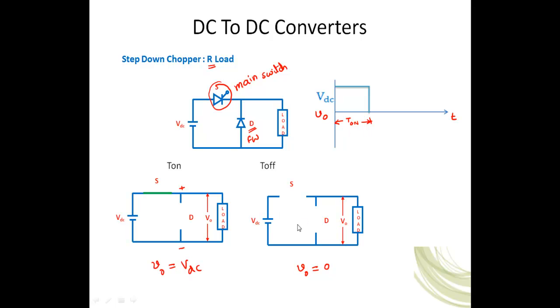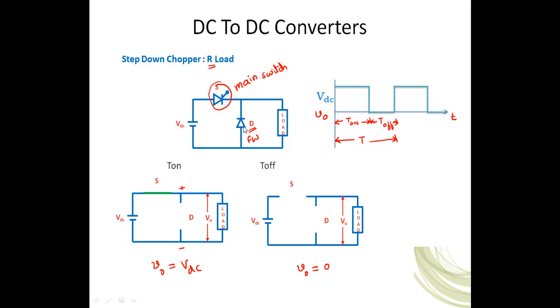Next, during T off there is no voltage, so it will be 0. Again, if you turn on the switch you get VDC, turn off the switch you get 0, like that. This is the off duration of the switch, T off. Completely, this is taken as the total time period of the output voltage, T.